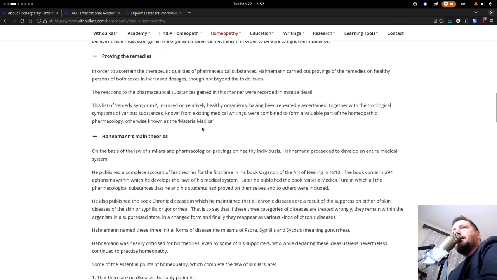But in classical homeopathy, we stick to the originally proven remedies, because this is a process which we can't really perform in the modern age.